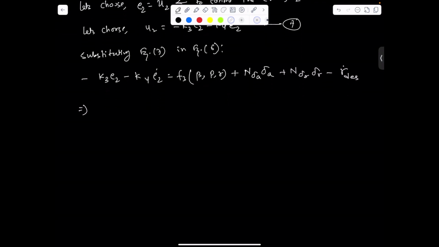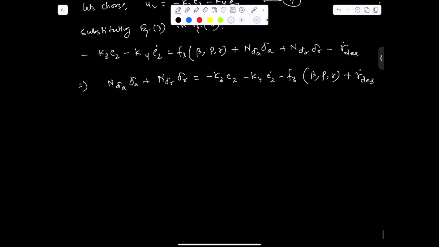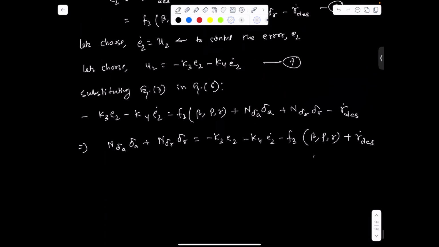And from this we can write N delta A delta A plus N delta R delta R equal to minus K3 E2 minus K4 E2 dot minus F3 beta PR plus r desired dot. So let us define this as equation 8.